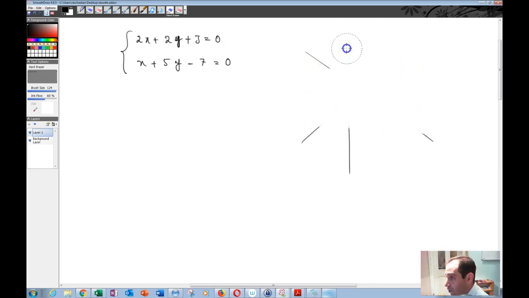So now we need some way in order to find out what x and y are in these situations. One way that you can solve these problems is called the substitution method.